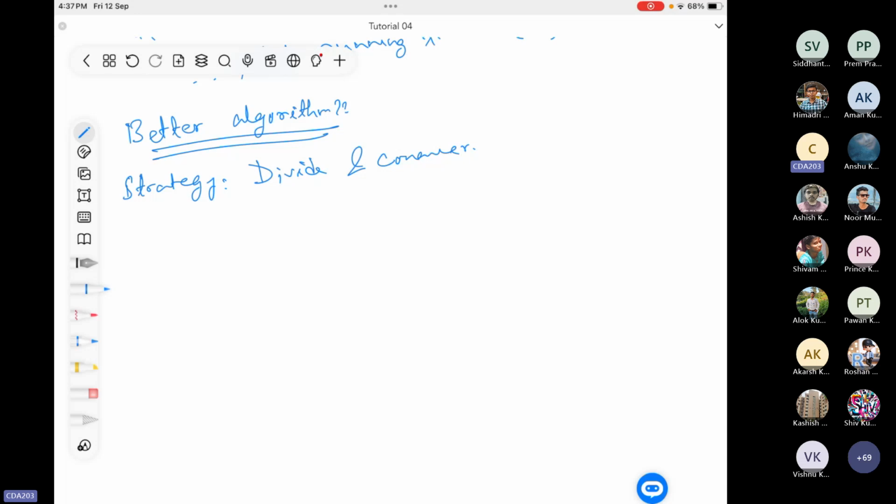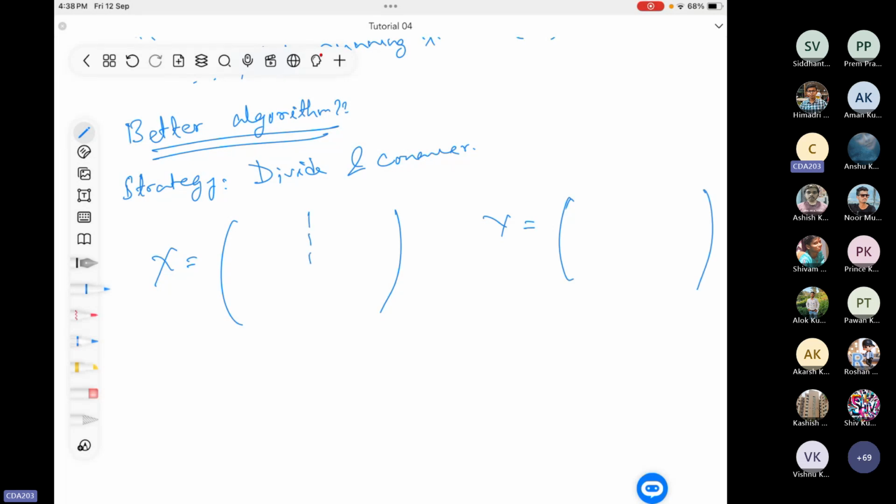Let's say divide and conquer, right? Let's get into the idea. Divide and conquer means that we have a problem, and we want to find the subproblems corresponding to it. If you think about a matrix x, y, it's a square matrix, so I want to divide it.